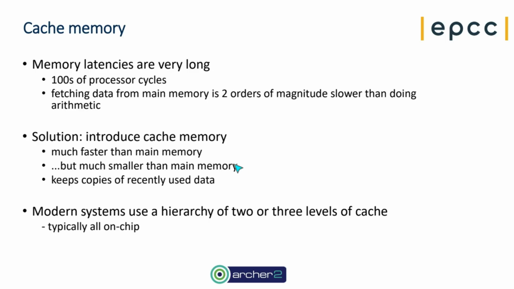What it does is keep copies of recently used data, so that if a data item is accessed more than once, then only the first access hopefully takes the cost of the load from main memory, and subsequent reaccesses are much faster. Modern systems use a hierarchy that's typically three levels everywhere now, and they're all on the chip.